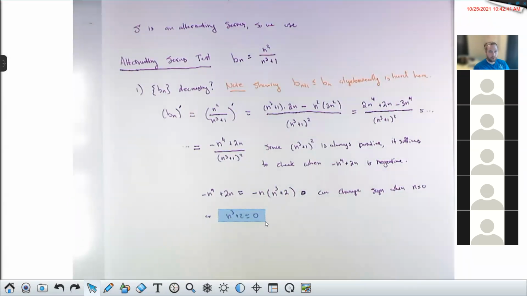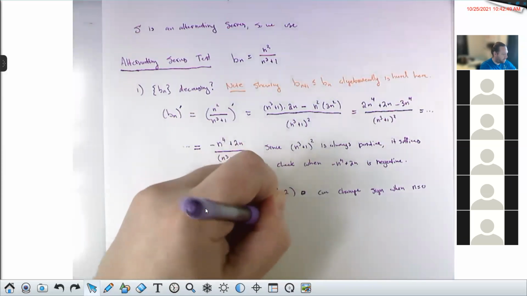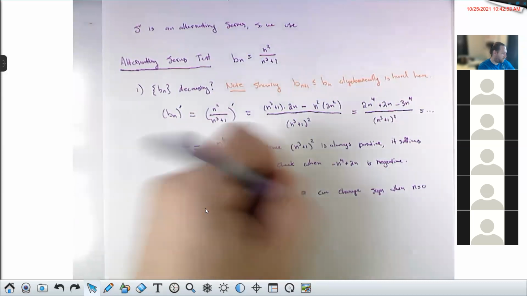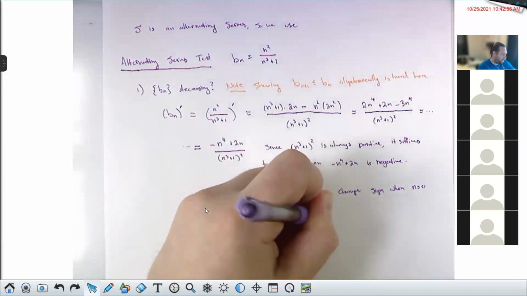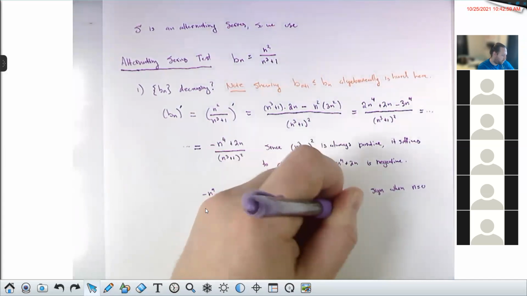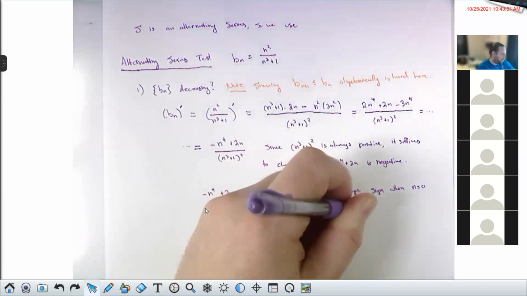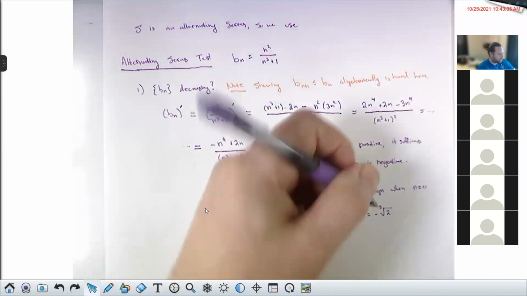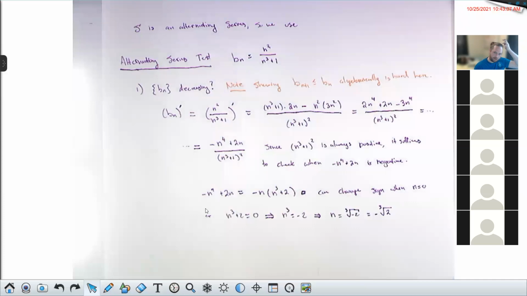But 2 of them are non-real complex numbers. You can get them all by using your sum of cubes formula, but I'm only interested in real numbers here. So this would be n cubed equals negative 2, which would mean n is the cube root of negative 2, which is negative cube root of 2. Right? Cube roots and negatives, they play nice.